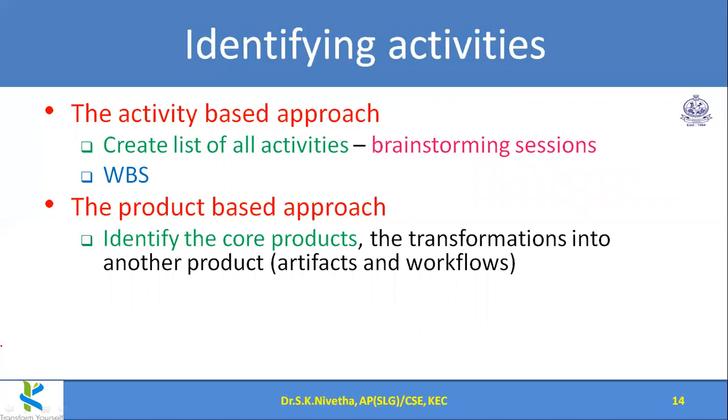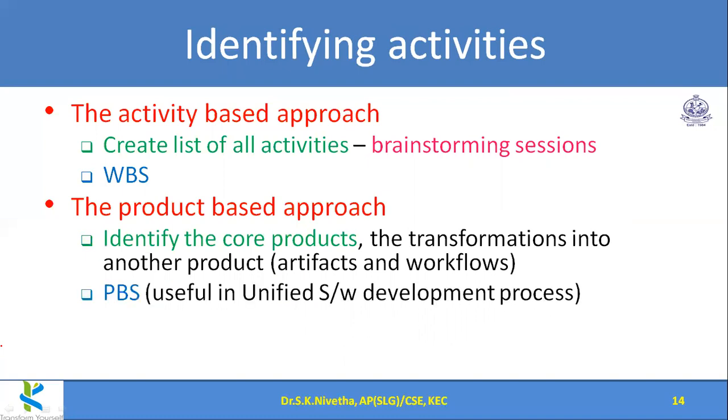So initially we'll be identifying what are the core products, and which product is transformed into another, or each are separate products in the whole project. So in that perspective, we have to identify that. This is mainly useful in the unified software development process.